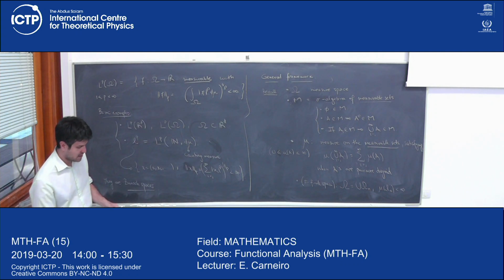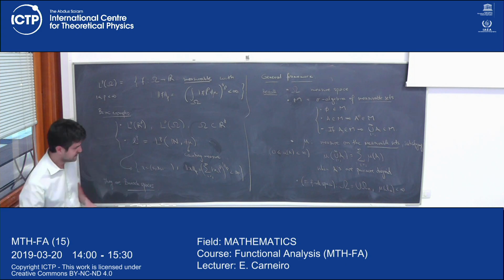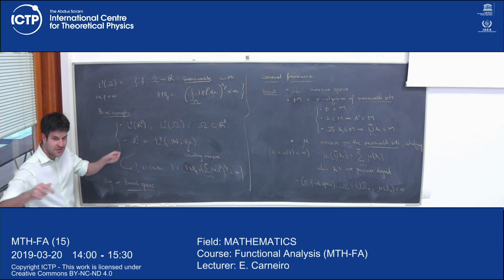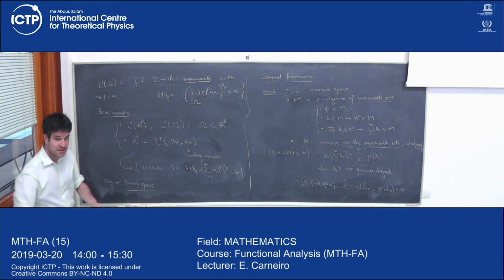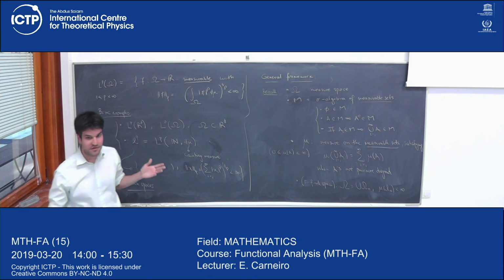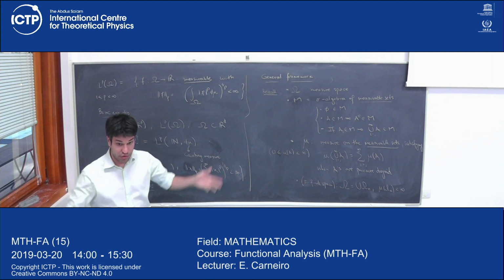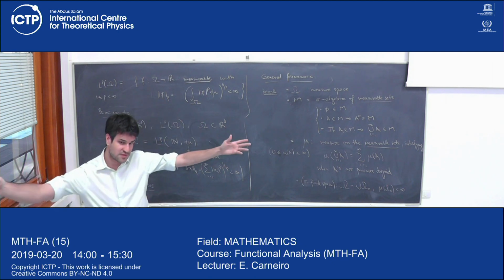Good. Okay. So, we might assume that these sets are disjoint, right? Not necessarily. For example, in RD, you can take cubes that contain each other, just a sequence of increasing cubes that fill in the space. And so for some of the arguments, you take your function, truncate it, multiply by the characteristic function of the cube, and then you send n to infinity.